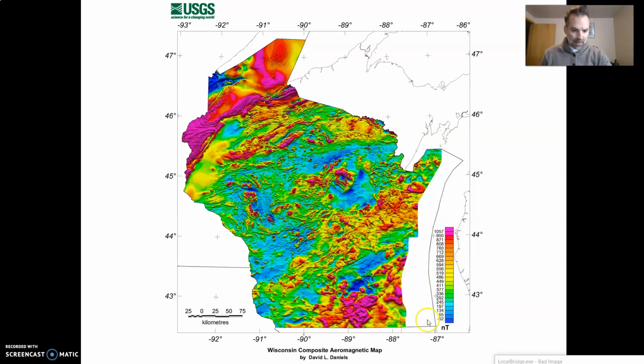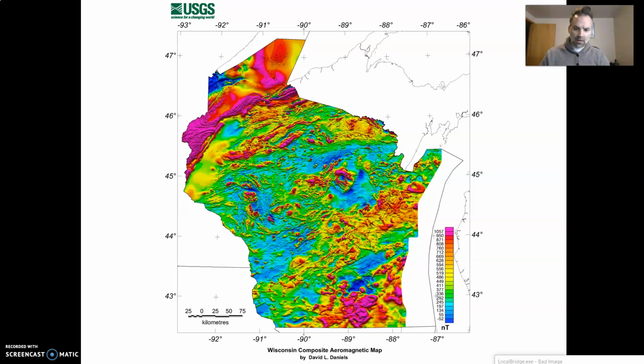And here are the magnetic field strengths, from a negative 52 all the way to a positive 1057, which is in these really pink areas. There's an important feature on the Wisconsin map that right away shows a really important structure, which is this structure right up in here at the boundary between Wisconsin and Minnesota, and that is the Mid-Continental Rift.